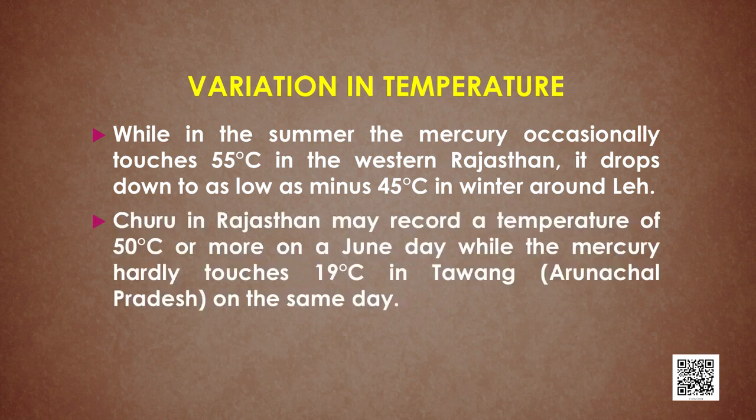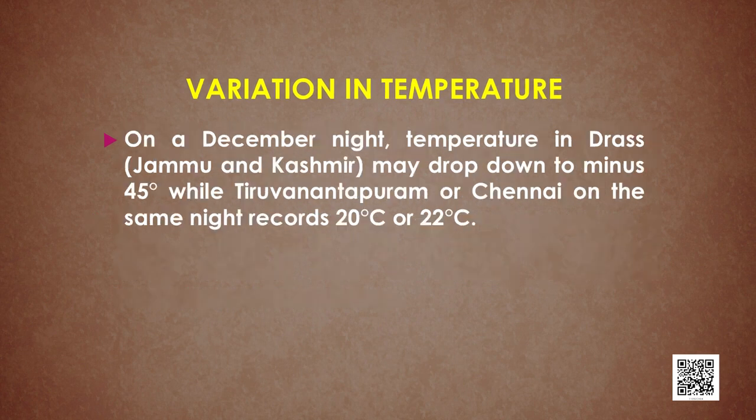Churu in Rajasthan, you must have heard the region, records a temperature of 50 degrees Celsius or more on a June day, whereas the mercury hardly touches 19 degrees Celsius in Tawang, which is in Arunachal Pradesh. On a December night, the temperature in Dras in Kashmir may drop down to minus 45 degrees Celsius. Thiruvananthapuram and Chennai, the same night might experience 20 or 22 degrees Celsius.